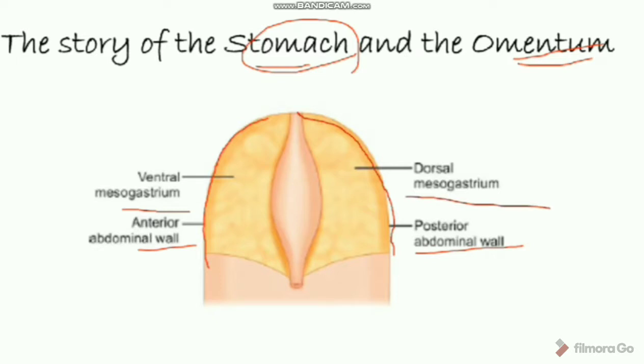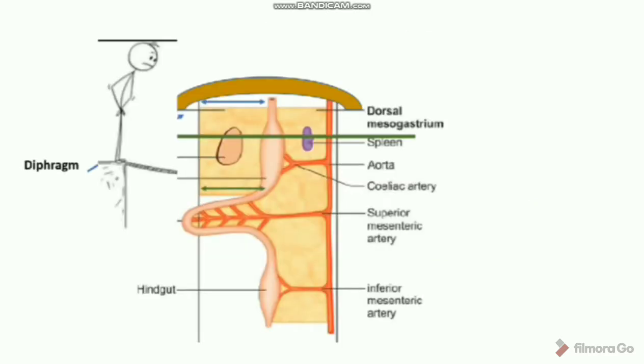Now what happens next? Remember, the ventral and dorsal mesogastrium are going to house some more other organs, so there will be support to them as well. So good news that the stomach has two more neighbors. Fine. So now just look at this thing here. Again, you're seeing the ventral mesogastrium is helping the liver to grow within it, and the dorsal mesogastrium is helping the spleen to grow within it.